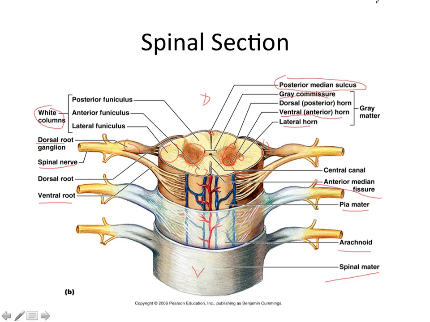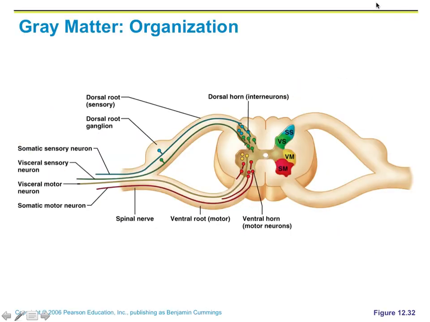The white columns are bundles of nerve fibers that link the spinal nerve to the different nervous centers.